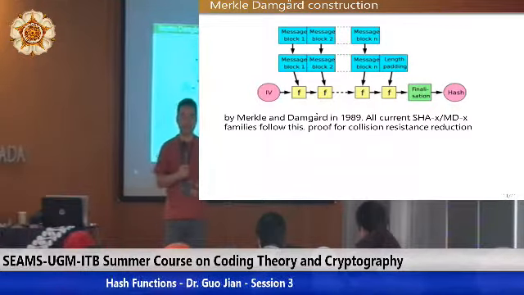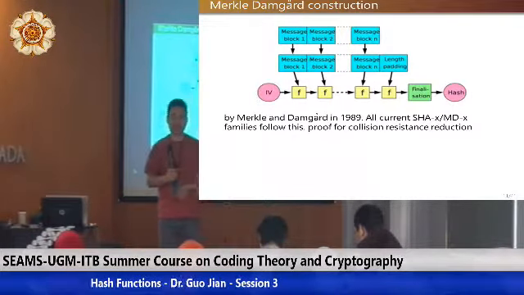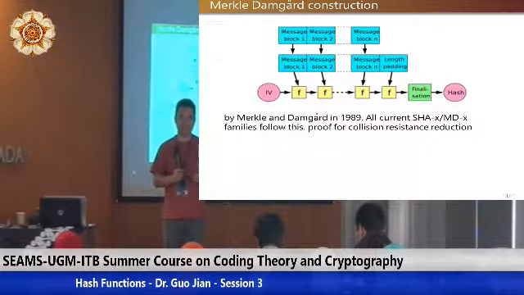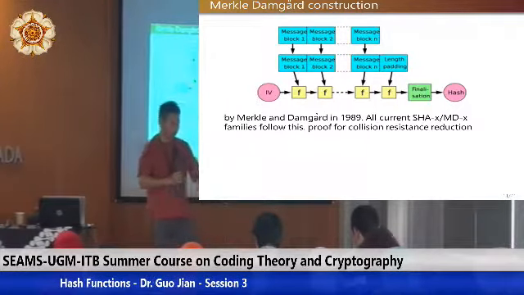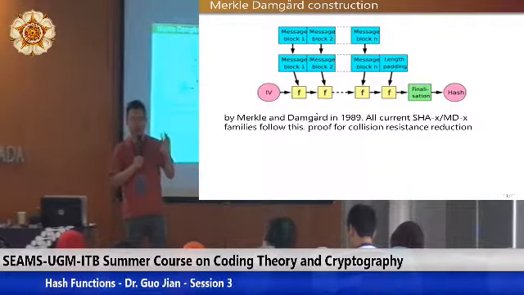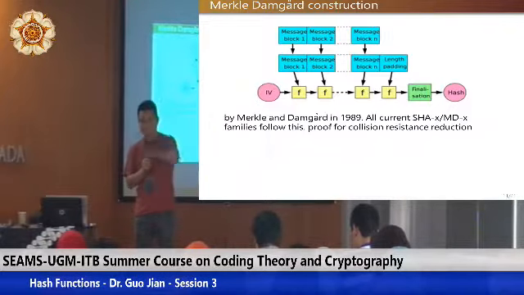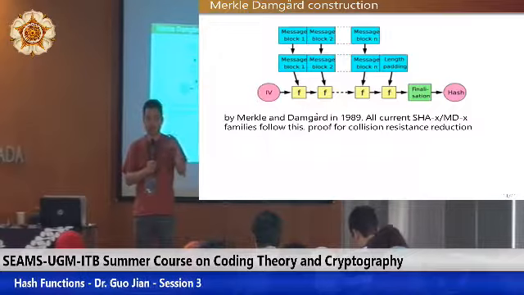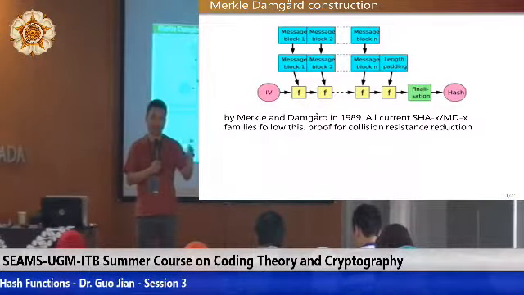But in our digital world, functions are usually defined with fixed input length, and that's easier to analyze in several security models. So that's why we need what we call a compression function, which maps fixed length inputs to a fixed length output, and then on top of it, we need a domain extension so that we can handle arbitrary length input strings.